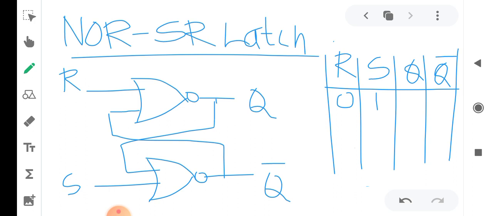What will be the output? First, for a NOR gate with any input that is 0, what will be the output? The output will become higher.